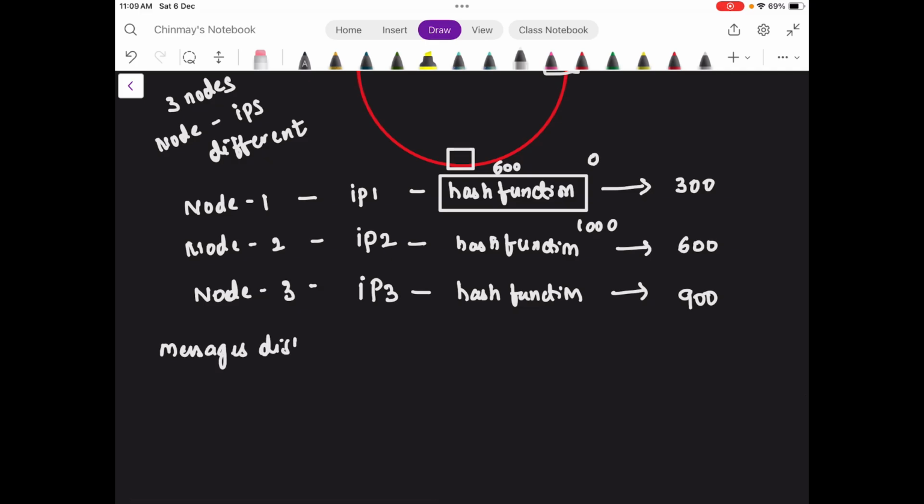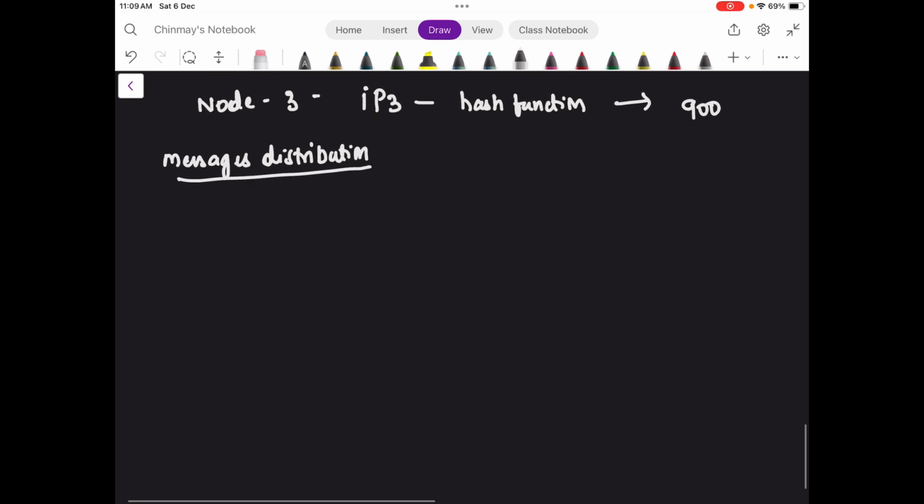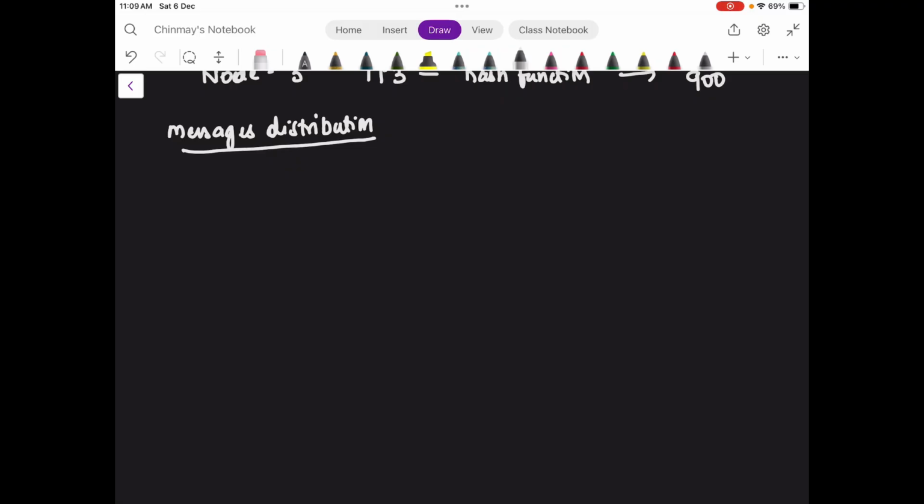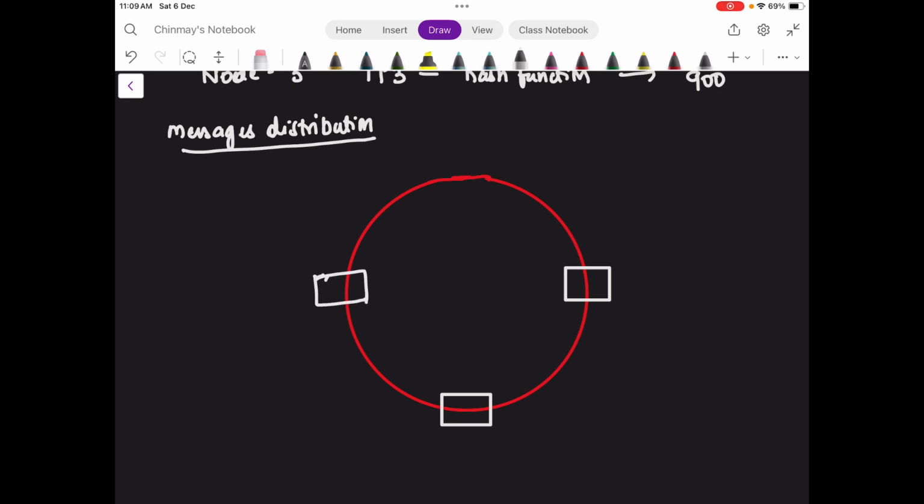Now, how will the messages be distributed? Message distribution. We already have the ring, and we have placed the nodes at hash values 300, 600, and 900.